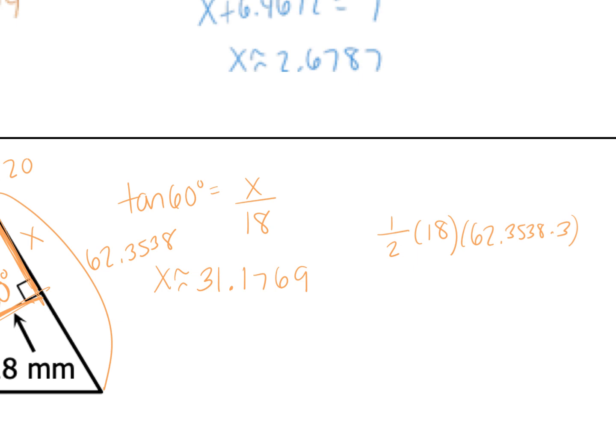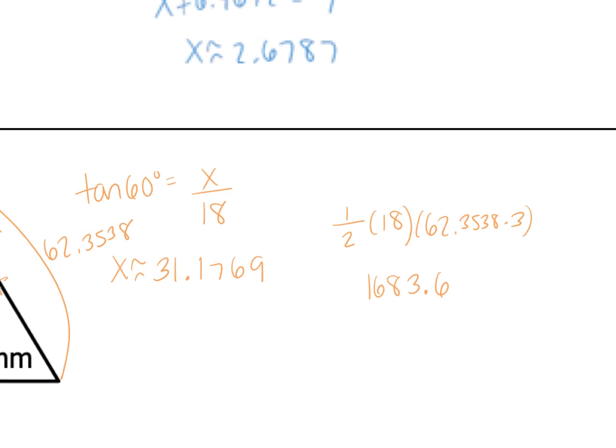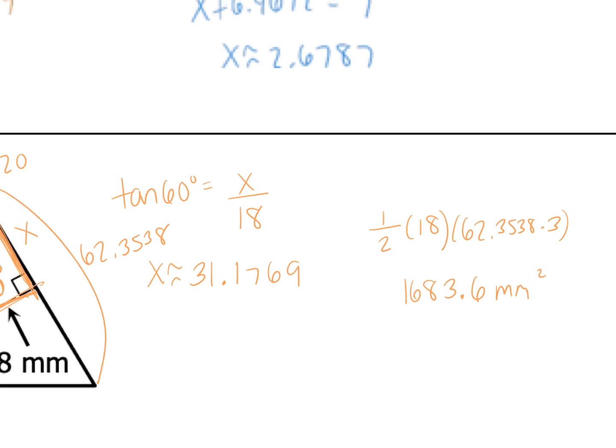Typing that in the calculator, I'm getting 1683.6 approximately, and it's millimeters squared. Just typing that one more time to make sure I did that right. Yep, getting the same answer. So that is that answer.